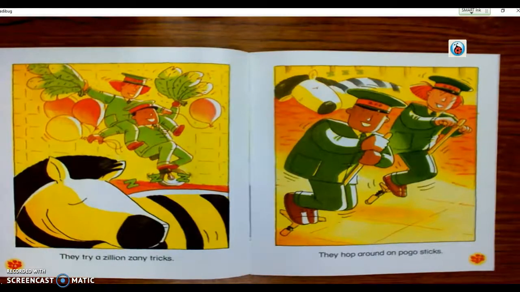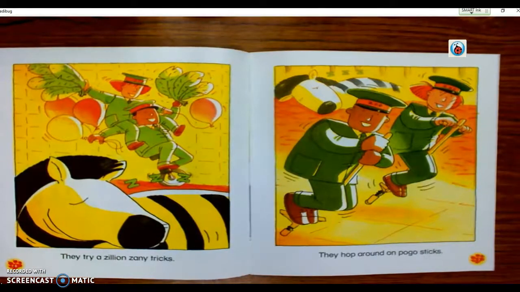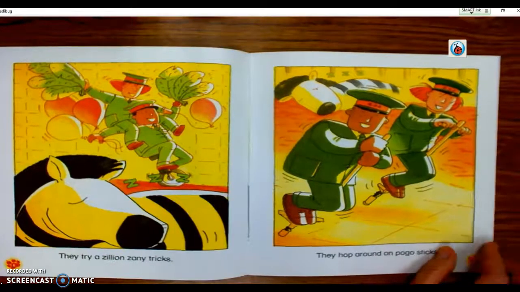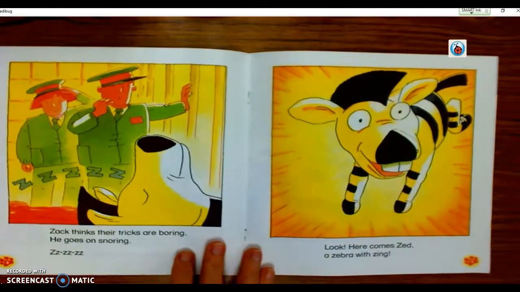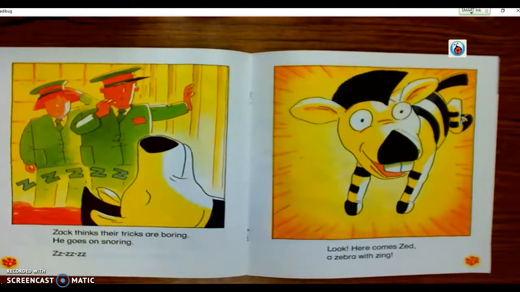They try a zillion zany tricks. They hop around on pogo sticks. Zach thinks their tricks are boring. He goes on snoring.